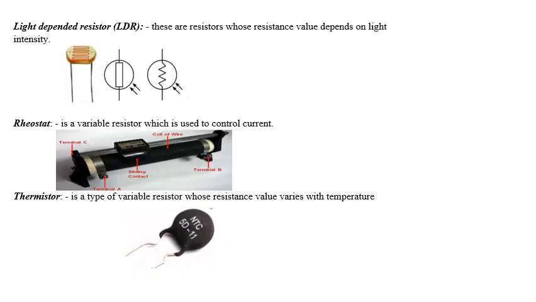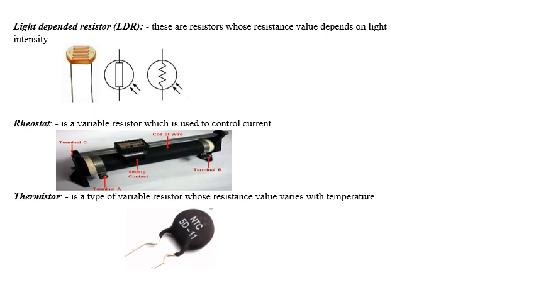On the other side, we have the light dependent resistor, that is the LDR. These are resistors whose resistance value depends on light intensity. That is mainly used in automatic light dependent switches.